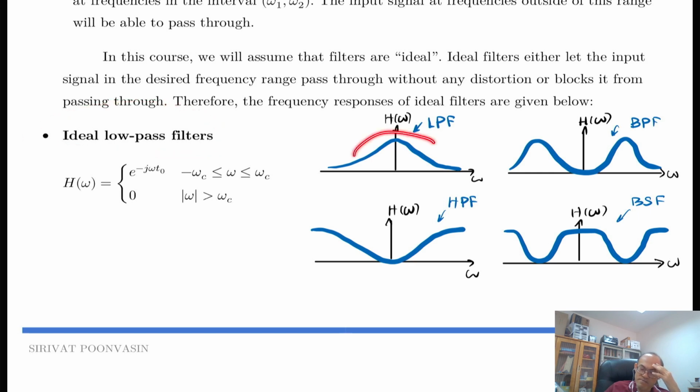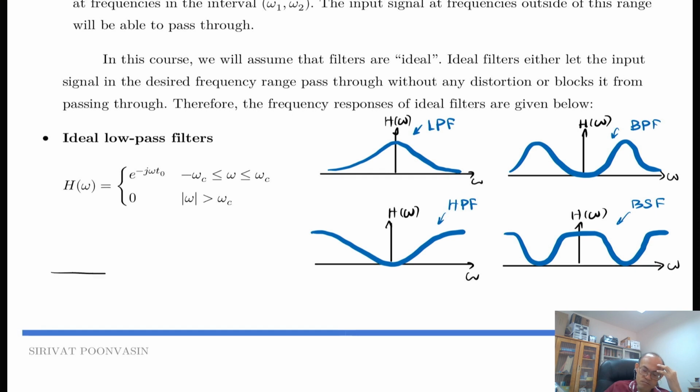Okay, so now another one is called the ideal low pass filter. You see the low pass filter here attenuates nicely, right? But in the ideal case, in the low frequencies, we want the filter to pass through entirely, while in high frequencies, we want the filter to shut it down entirely. So the magnitude response of an ideal filter will look like this.